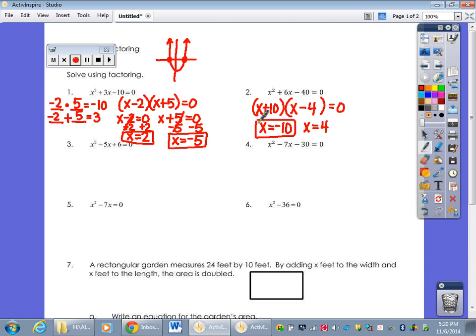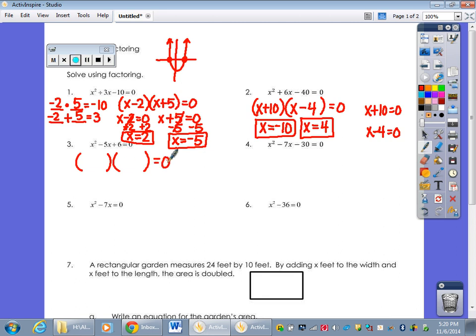And again, I skipped the step of setting them each equal to 0 like I did in problem number 1. Just went straight to the answer. But what you are doing is x plus 10 equals 0 and x minus 4 equals 0, and you're solving for x.